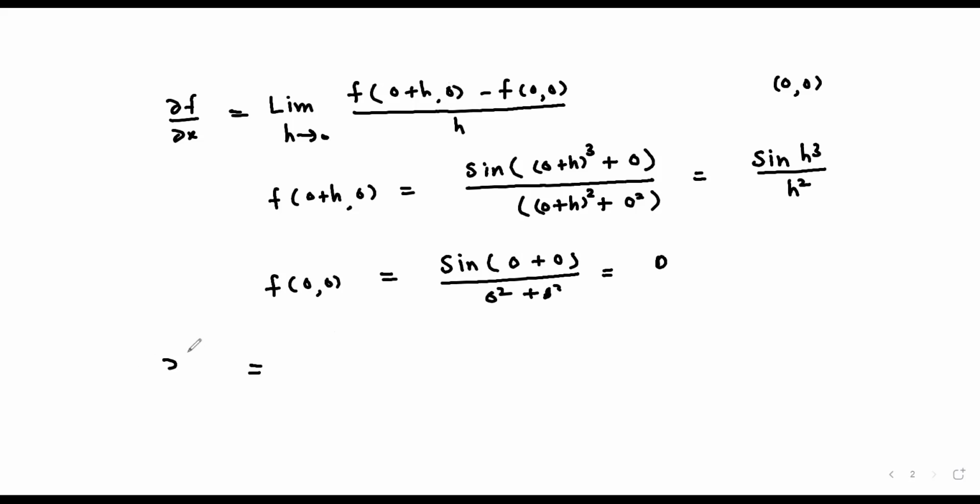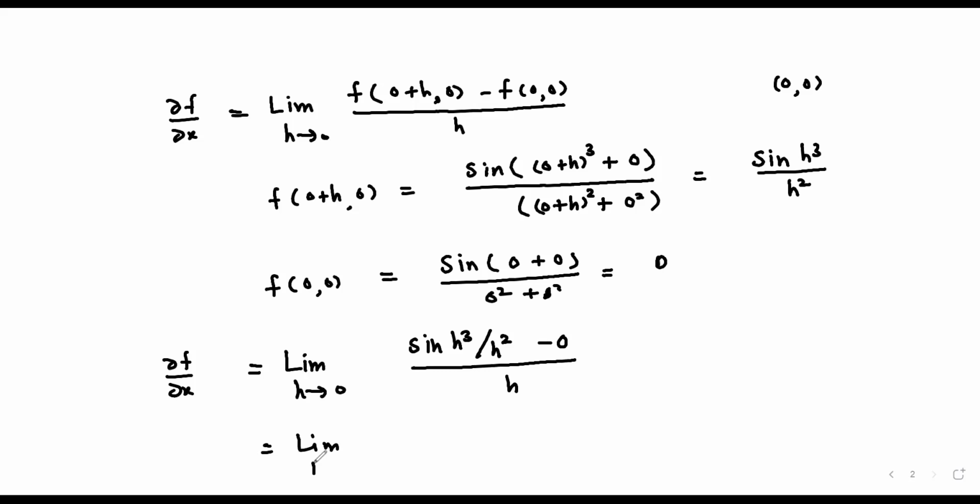So we have partial f by partial x, the limit as h approaches 0, f of (0 plus h, 0), which is equal to sine of h cubed divided by h squared, minus 0, divided by h. So look at this, we have h approaching 0.